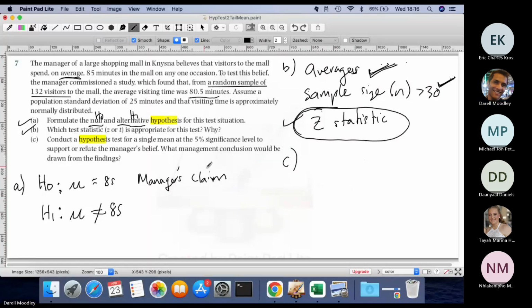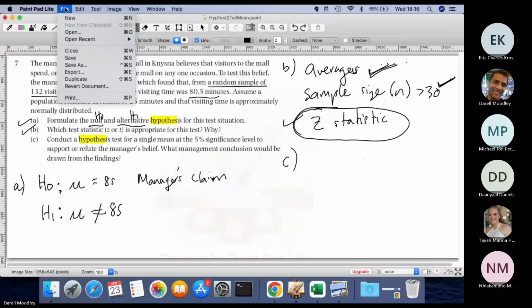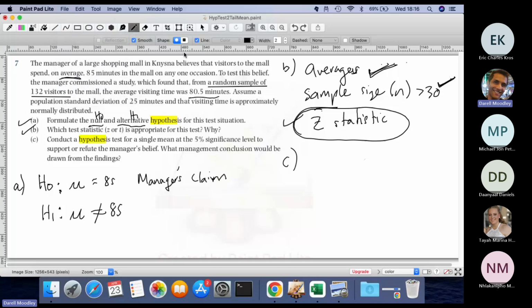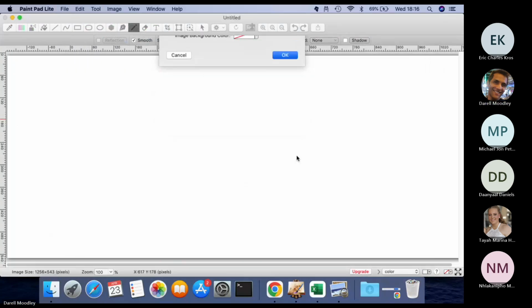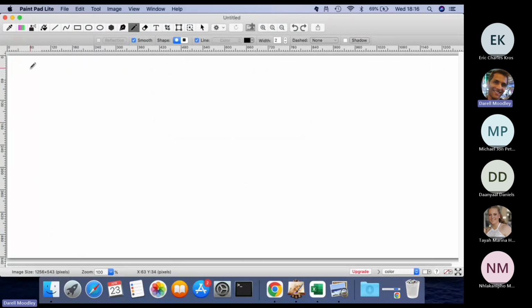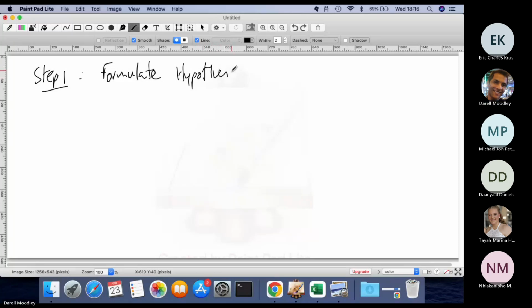So in hypothesis testing, when you come to this learning unit, let me just create a new whiteboard. There are 5 steps to hypothesis testing. Step 1, formulate the hypothesis. In other words, state your H naught, state your H1. That's step 1.